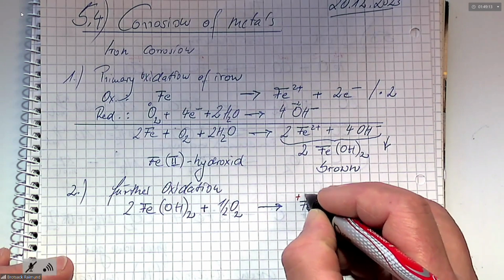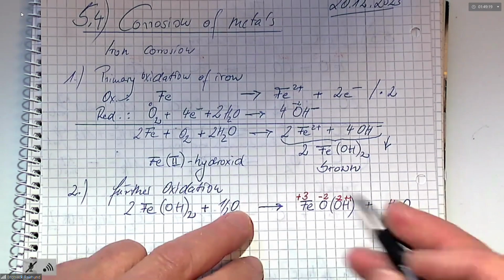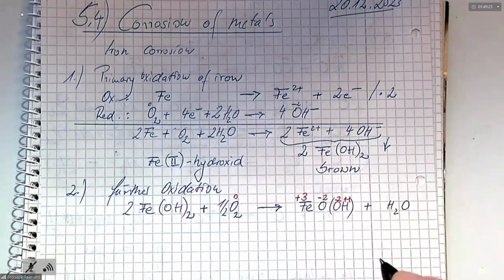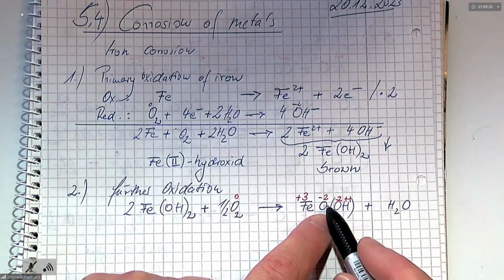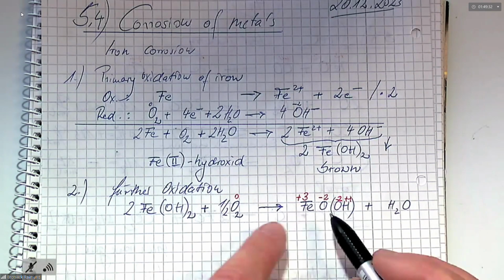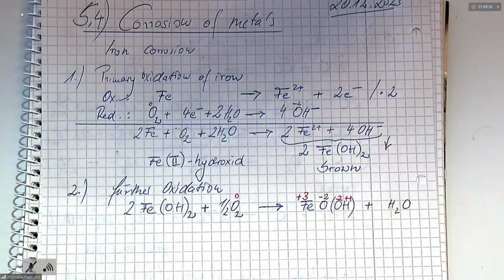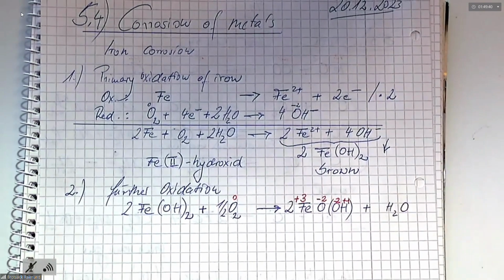So the iron in here has +3. And it comes from the oxygen. The oxygen here is reduced, sorry, to take up 2 electrons from 2 of them here. So in total, we have even 2 of them here.